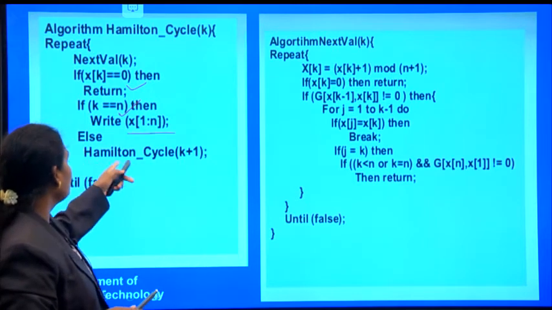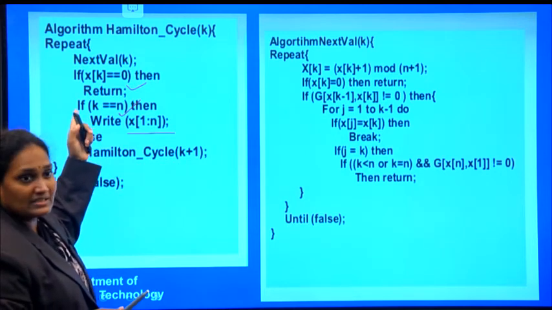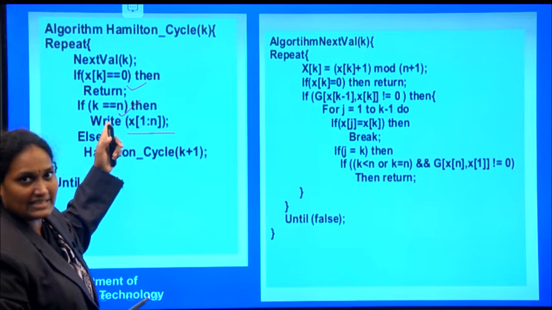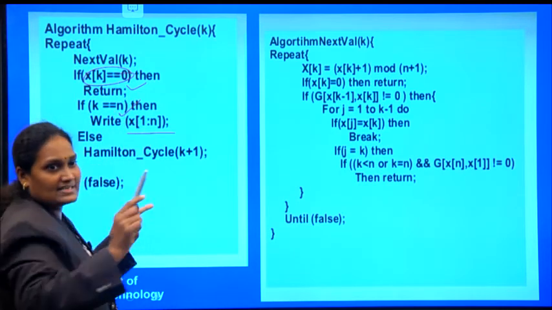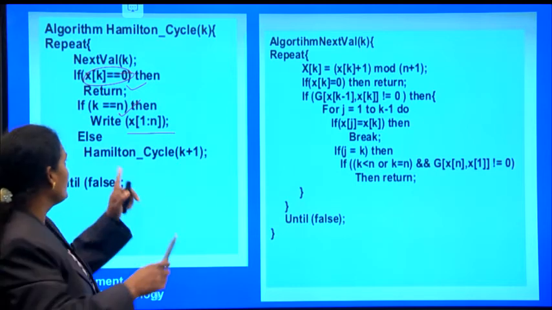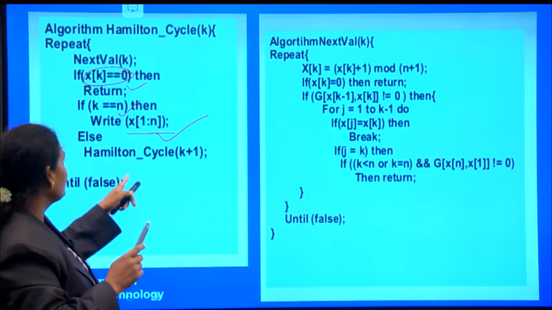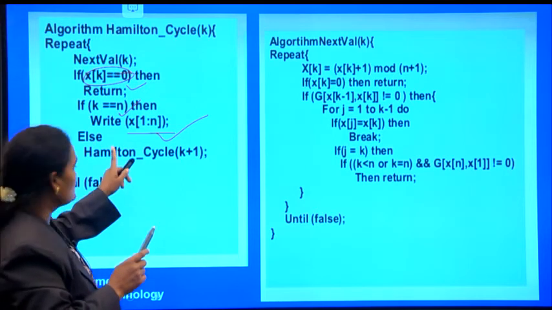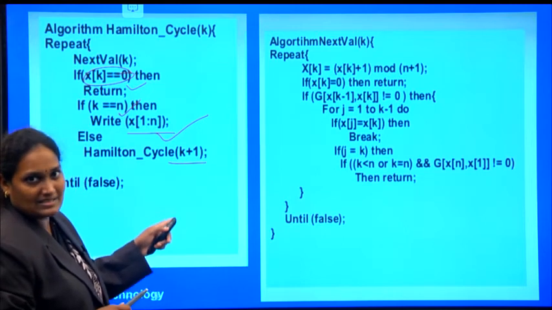Otherwise, if we are not getting the solution with the selected vertex k, we call the Hamiltonian cycle of k plus 1.